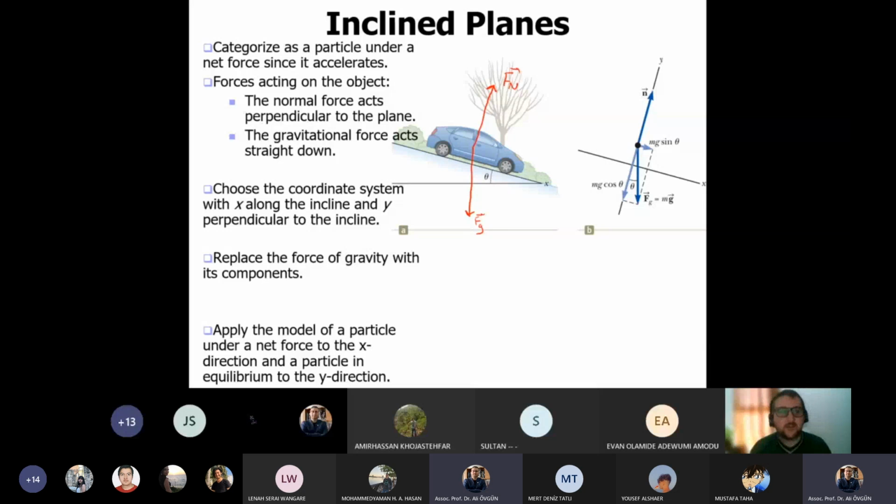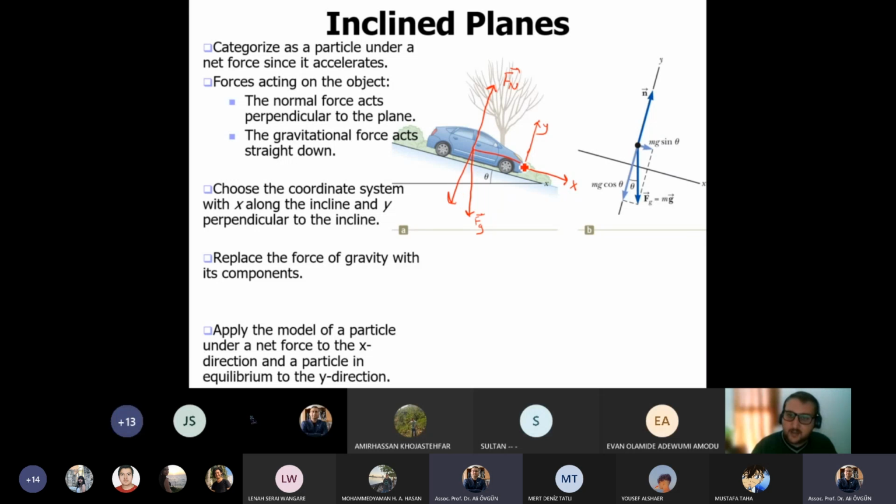So first choose the coordinate system with x along the incline and y perpendicular to the incline. So we rotate the coordinate system. We choose this direction as x and this direction as y, but Fg is between them. So you must replace the force of gravity with its components, and then apply the model of particle under net force in the x direction and particle in equilibrium in the y direction. So how can you take the components of Fg?